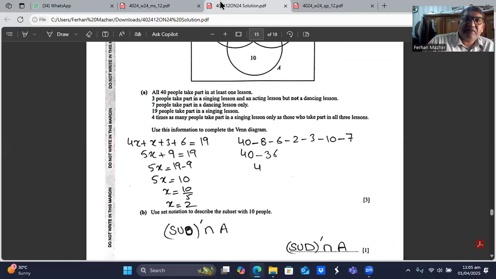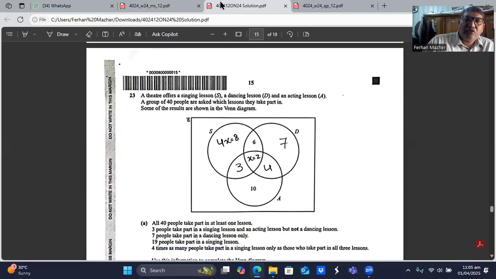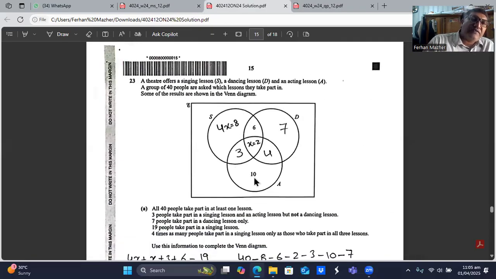Subset with the 10 people. Okay. So what we have written is S union D whole complement intersection A.